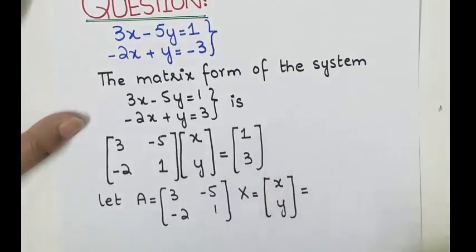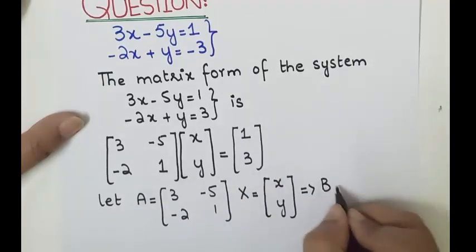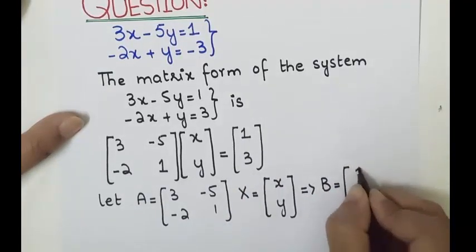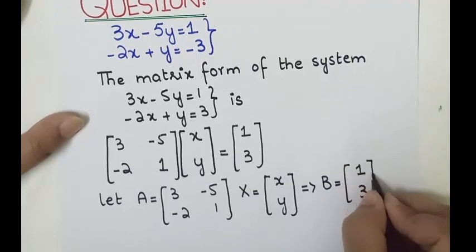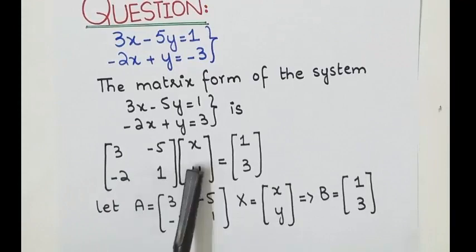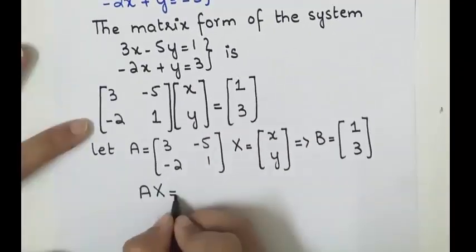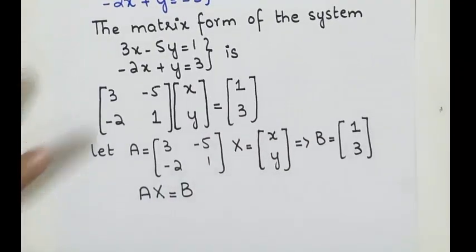Also let me label these matrices as B, 1, 3. Okay, so we have labeled these three matrices as A, X and B. So now we can write it as A X equals B.